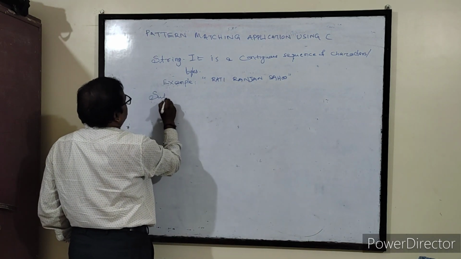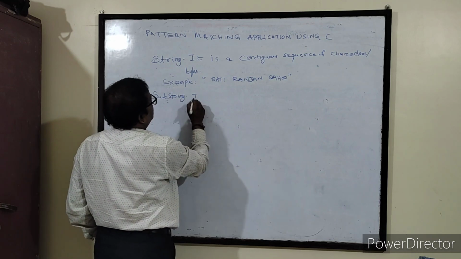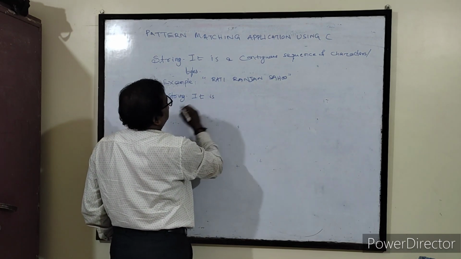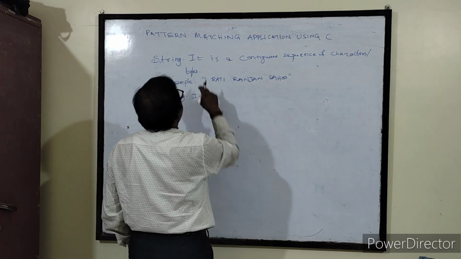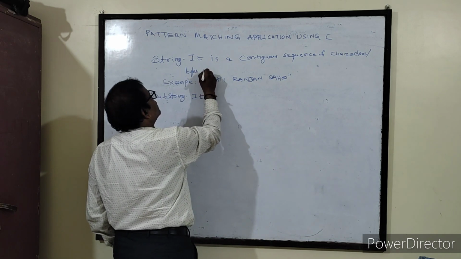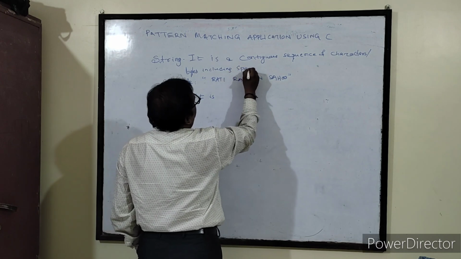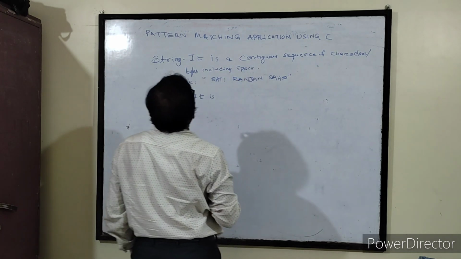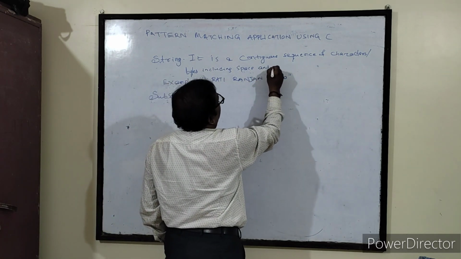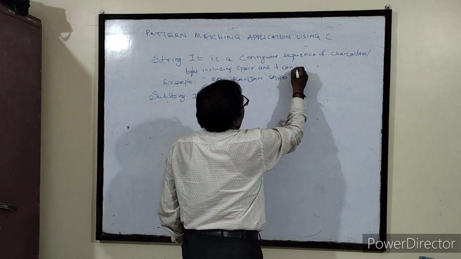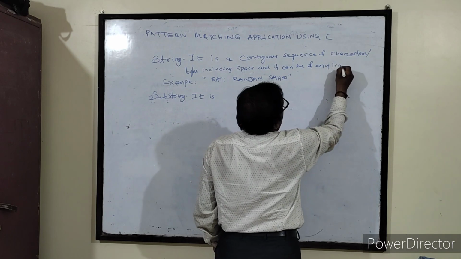You should know this concept before solving this substring problem. What is that? Again, it is a contiguous sequence of characters, bytes. Here it is including space, space also. It can be of any length, right?